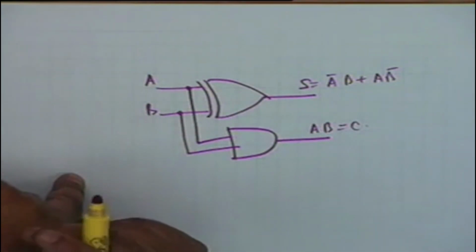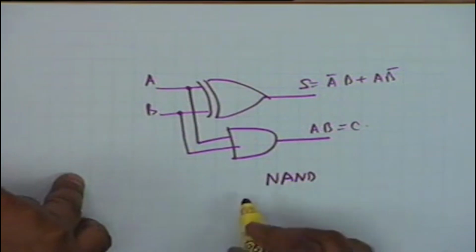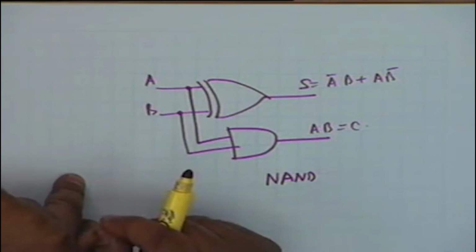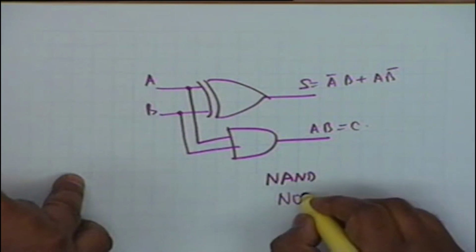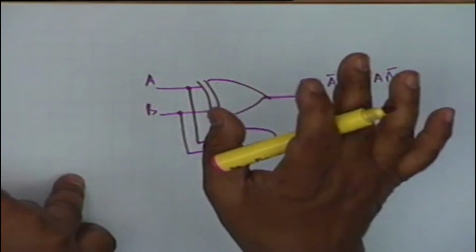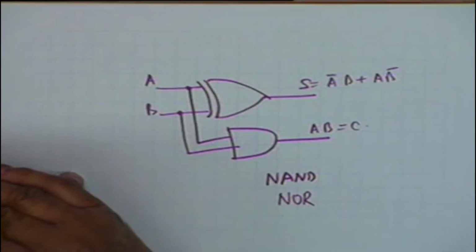Question: can a number of NAND gates be connected to make an exclusive OR? Yes. Can a number of NOR gates be connected to make an exclusive OR? Yes. If we manufacture only exclusive OR, can we get all other gates? Why not?